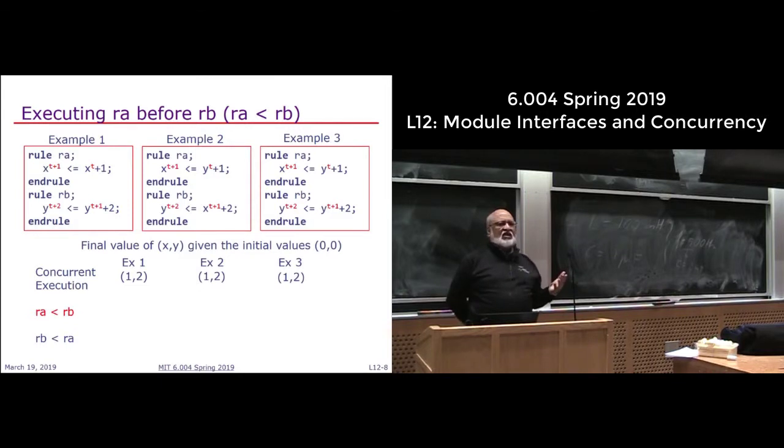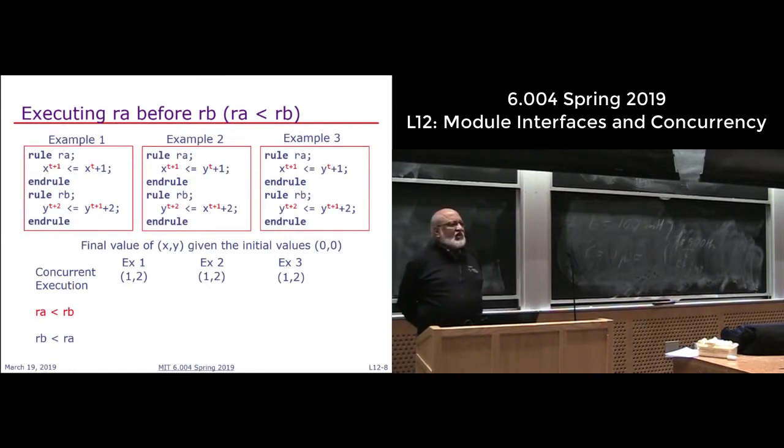So y(t+1) in this example is the same as y(t), because you didn't do any assignment to it. So I took y(t+1), added 2 to it, and then y(t+2) will get 2. Okay, so the final answer is 1, 2 again.